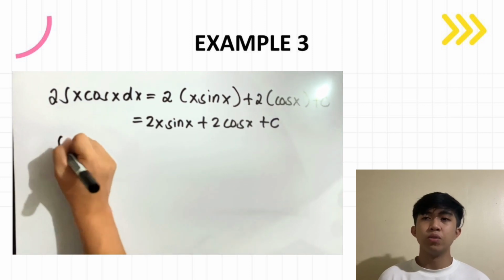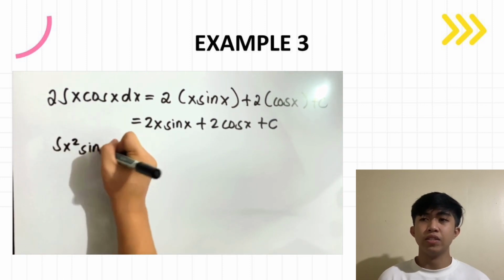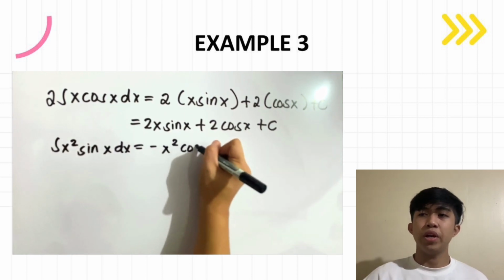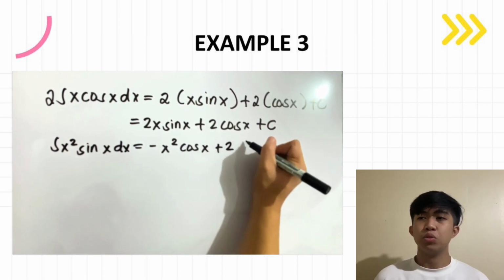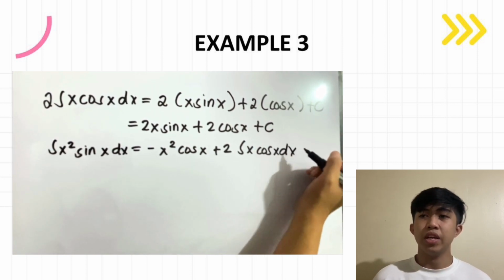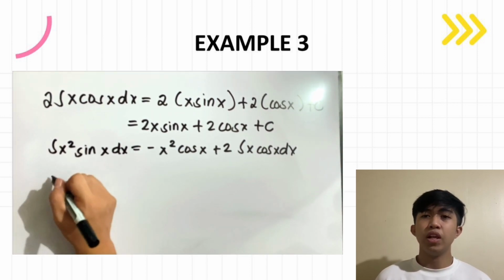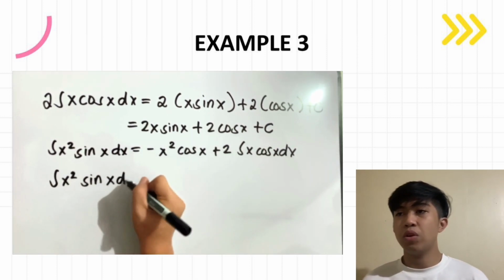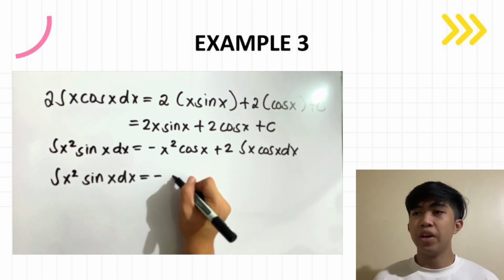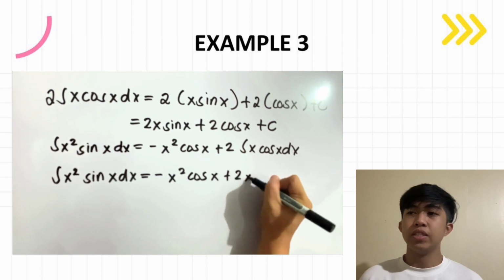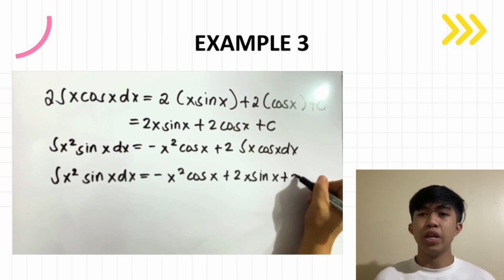Integral of x squared sine x dx is equal to negative x squared cosine x plus 2 integral of x cosine x dx. So the final answer is: the integral of x squared sine x dx is equal to negative x squared cosine x plus 2x sine x plus 2 cosine x plus c.